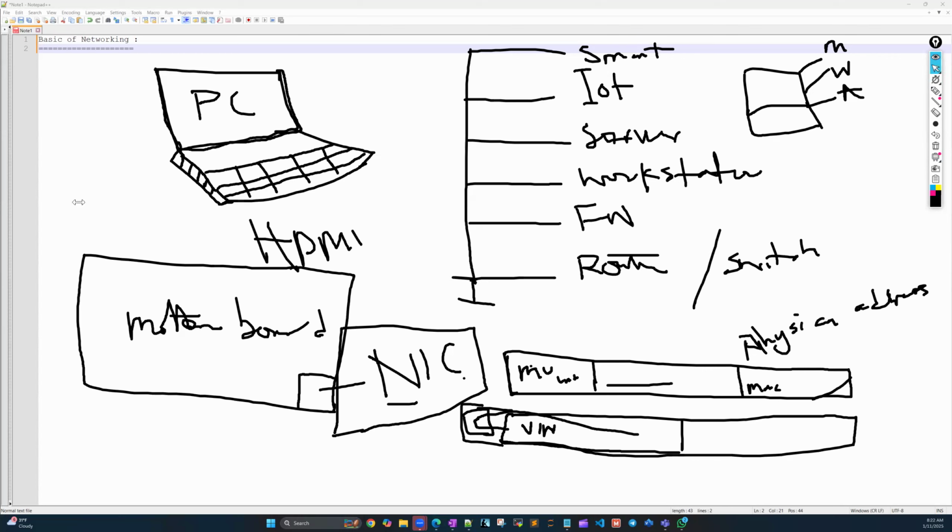So all these ports, they don't have any functionality apart from to create a network. Because anytime I put an HDMI cable from my PC to another monitor, I create a network.